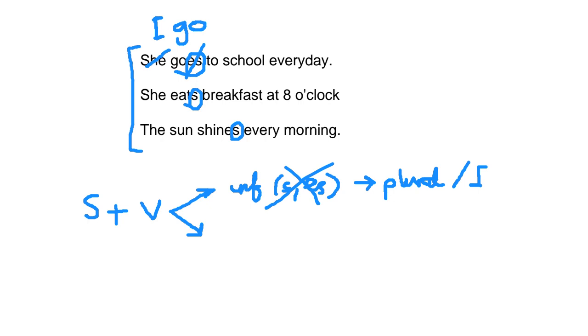And the other form of the verb is with s or es. Like these examples: eats, shines, goes, when the subject is singular. Singular noun or pronoun. What does that mean?